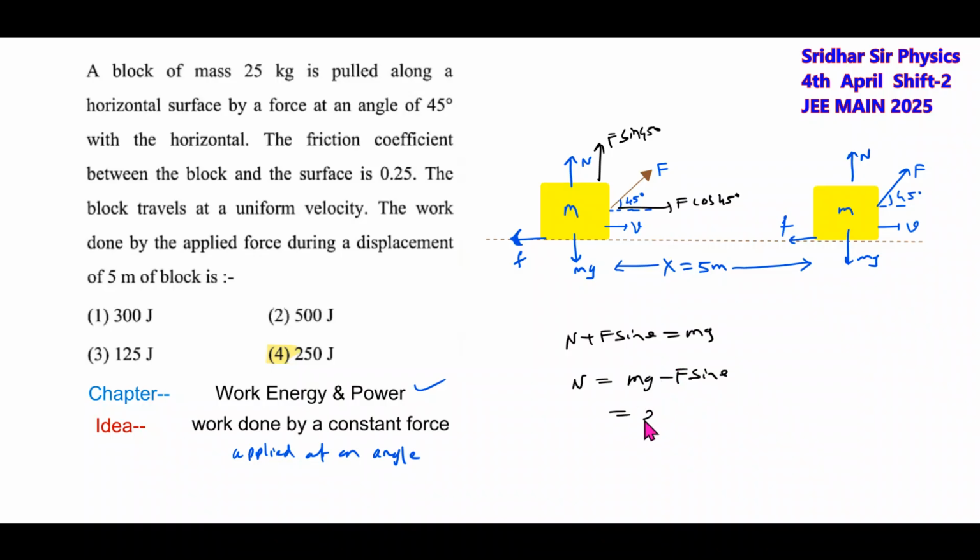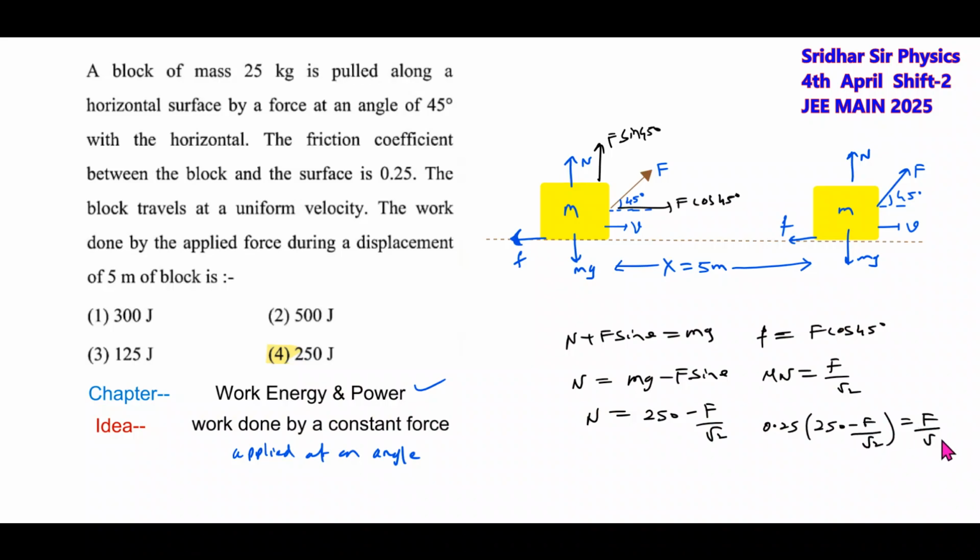M is 25, so 250 minus F sin 45, that is F by root 2. Then the friction force should balance F cos 45. f equal to mu N. F value we don't know. Mu is 0.25. N will be 250 minus F by root 2, equal to F by root 2.